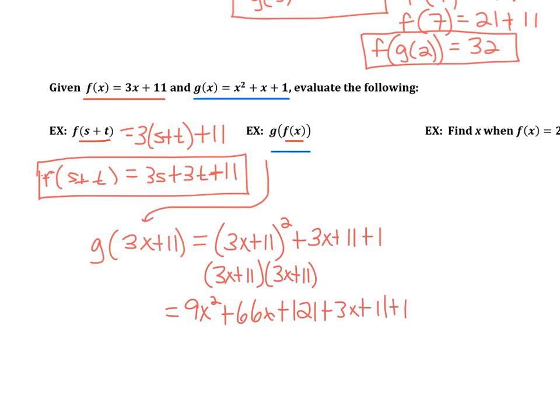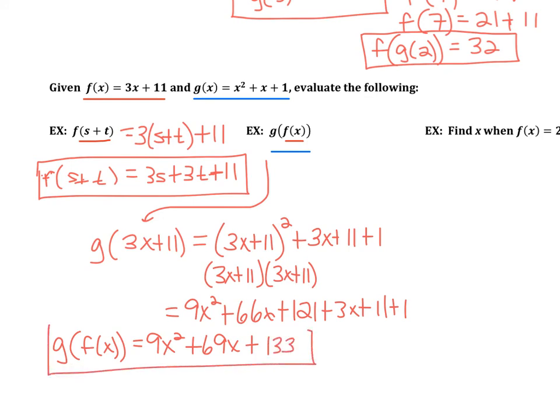And if I go through and do my final simplifying and go back to my original problem, g of f of x will be equal to 9x squared plus 69x, from the 66x plus the 3x. And then if I take the 121 plus 11 plus 1, I get 133. And that will be my final answer.